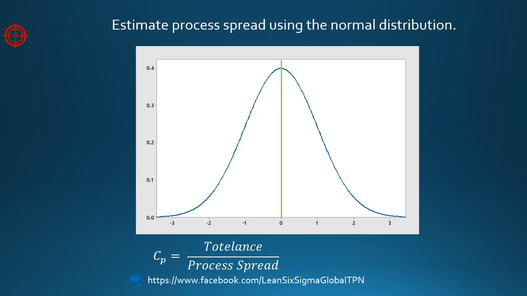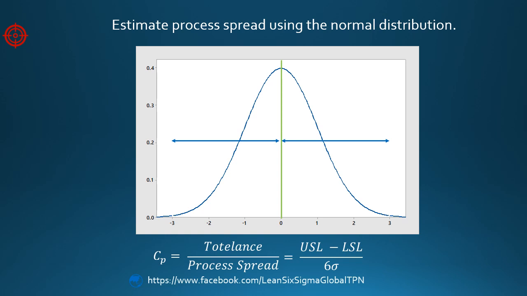The process spread is estimated using the normal distribution. This interval shows the spread of the distribution: plus or minus 3 sigmas from the mean is where almost all of the data will occur. This spread is equal to 6 sigmas.